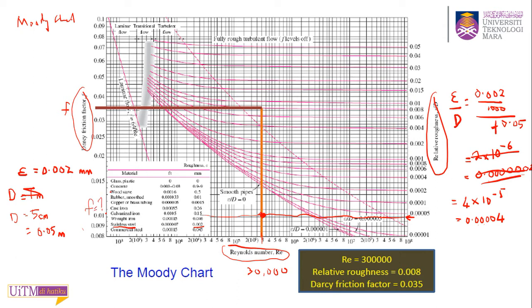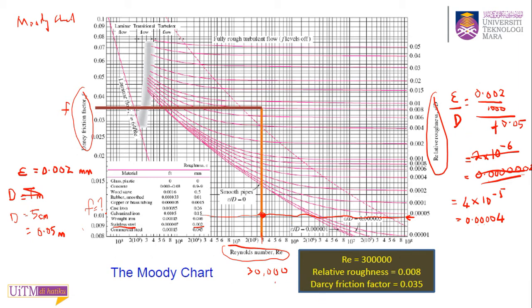Can you follow that? Yes sir, can. Okay, so it depends on your Reynolds number and your relative roughness.